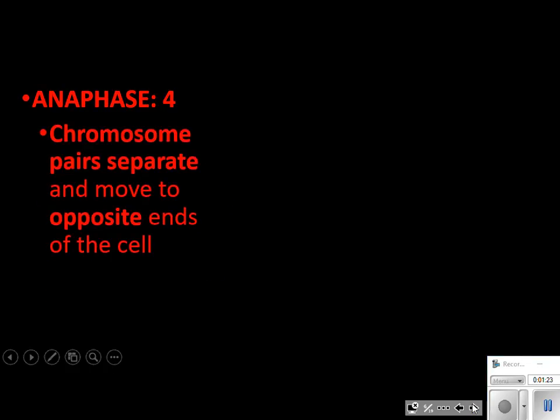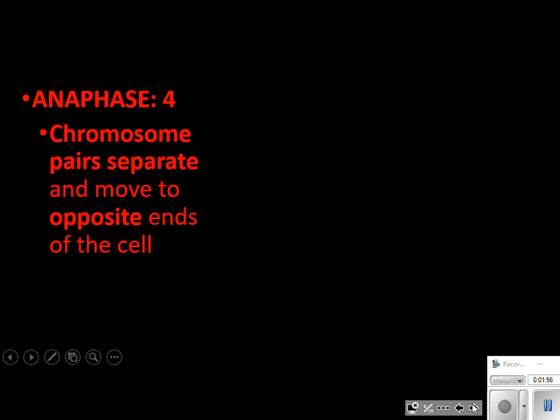So here is anaphase coming right at you. The chromosome pairs start to separate and move to opposite ends of the cell. So what we have happening is the chromosomes were lined up in the middle and they look like X's, correct?